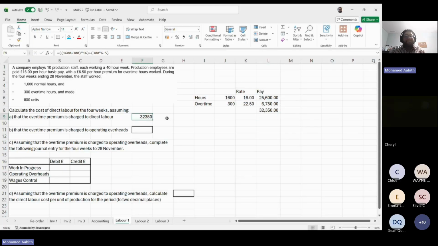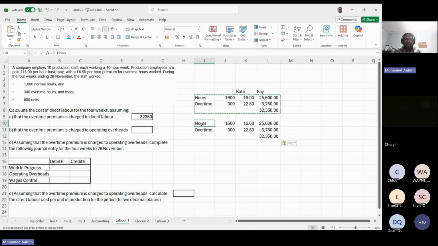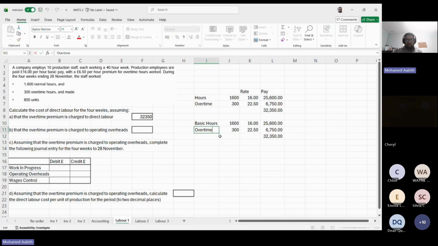But for the purpose of accounting, we sometimes do things differently when it comes to overtime. Here, we call this just overtime, and everything is done as you see in your payslip. But for accounting, you'll do it exactly the same way, except we will say basic hours, and overtime hours, but the overtime hours are split into two rates.